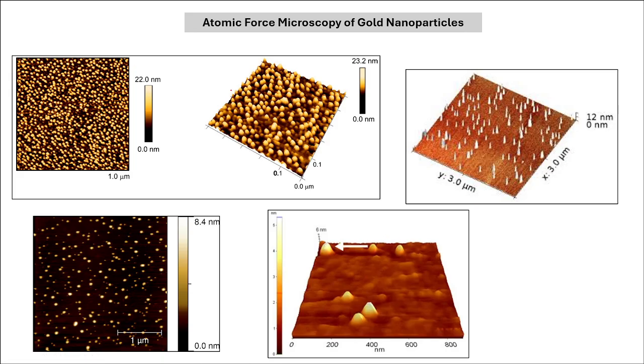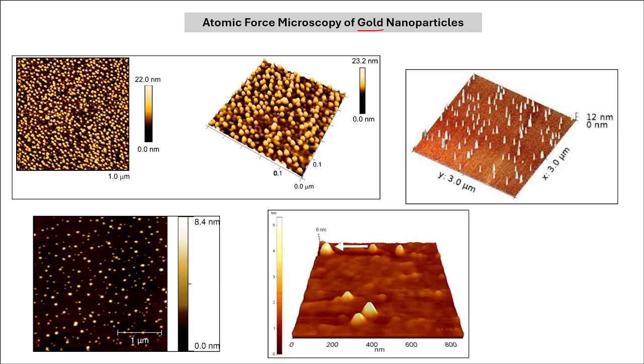Now this is the atomic force microscopy of gold nanoparticles. Gold nanoparticles are cast on a glass slide, and this is a one micrometer scale. This is basically showing the height.